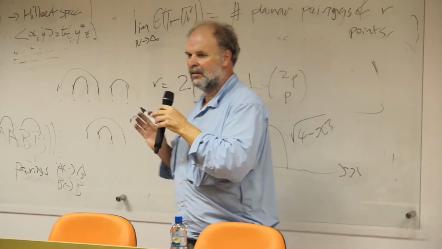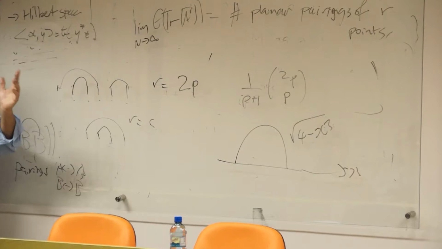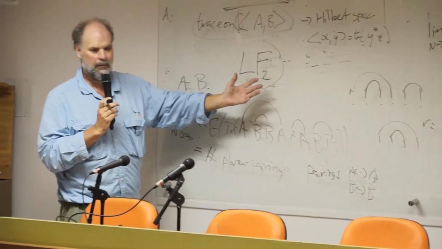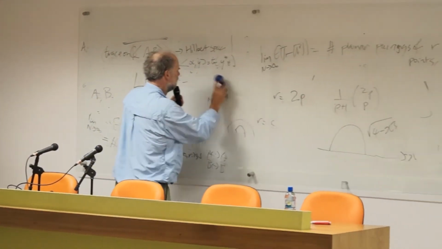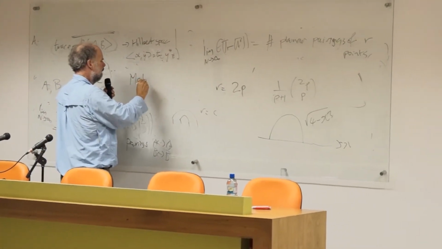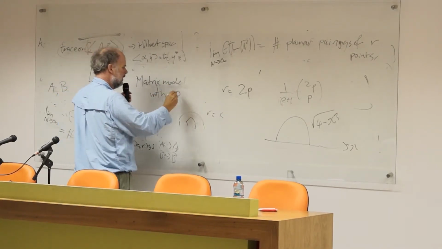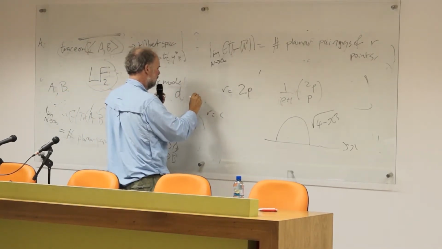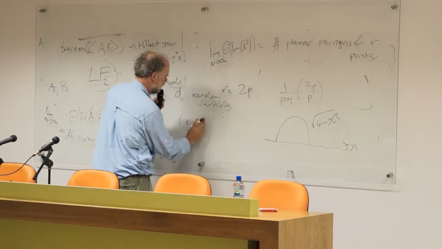The connection with subfactors is that if you have a subfactor, then you can sort of reverse the arrow and construct a matrix model, as it's called by physicists, in which this behaves, a matrix model, with D random variables, where D is a real number.